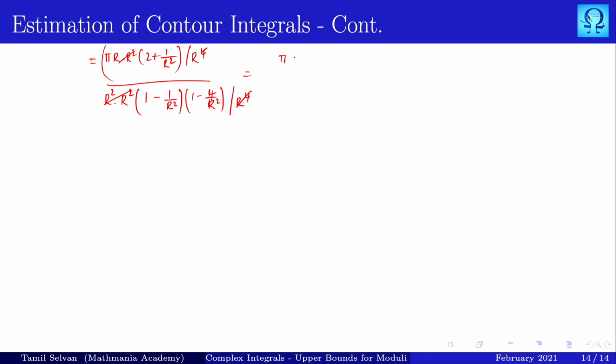pi multiplied with 2 plus 1 upon r squared. We may have this also to be pi upon r divided by 1 minus 1 upon r squared multiplied with 1 minus 4 upon r squared. And where does it go to?